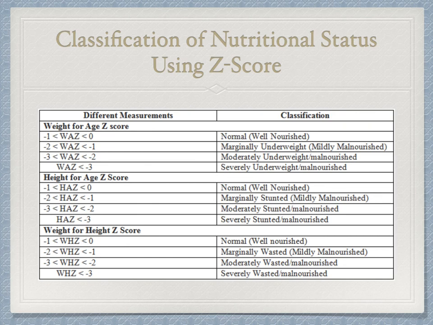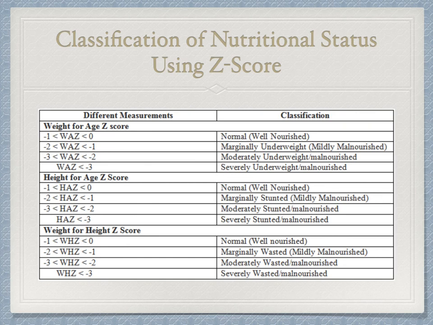So if you look at the weight and go to classify what that might indicate, a z-score of negative 0.6 is in the normal range, or a z-score of positive 0.6 is in the normal range. If the z-score were to drop to negative 1.5, then that might indicate that the child is marginally underweight or possibly mildly malnourished.